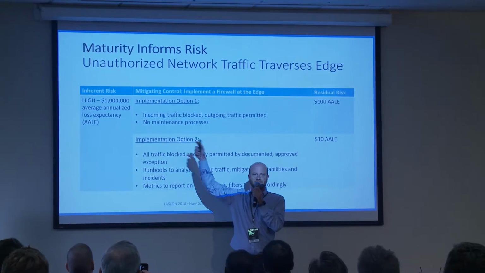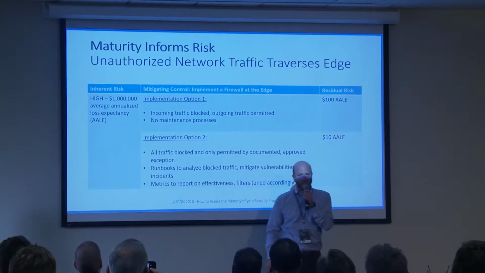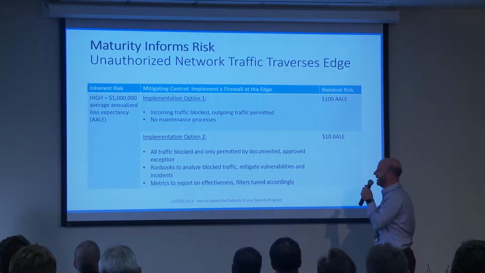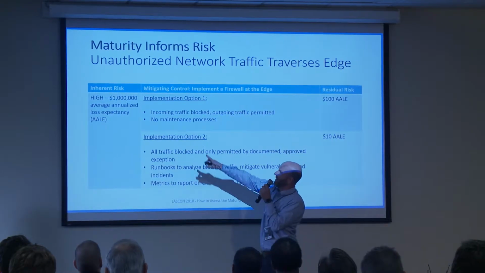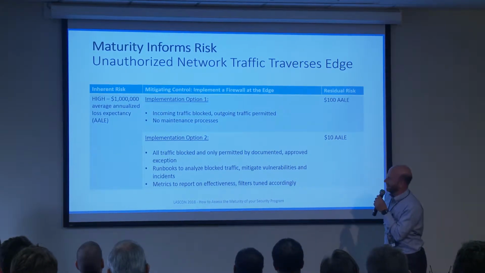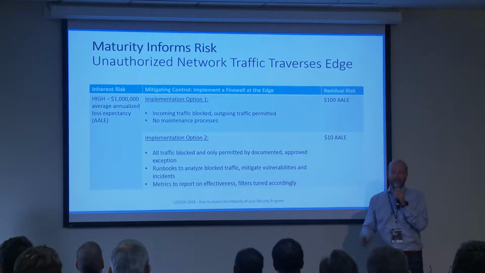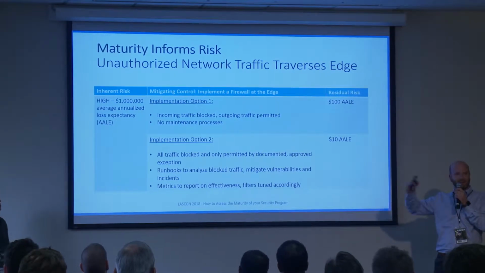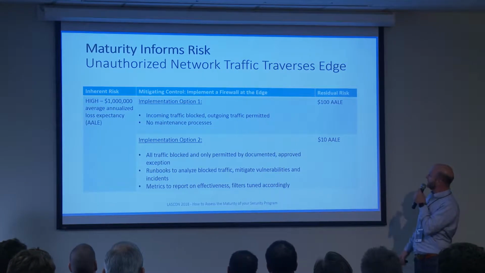I might express it qualitatively, or maybe quantitatively. Doesn't matter for our case. I put a number on there: annually I might lose, I don't know, $1 million because of threats that traverse that boundary between the internet and the internal network.